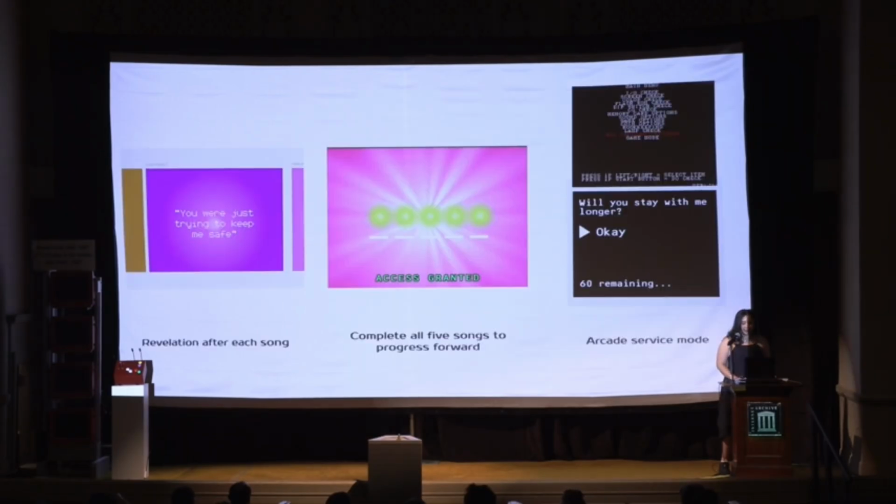In terms of the structure and how to progress, you get a therapy revelation after each song you complete, acknowledging the coping mechanism and what it's trying to do. When you complete all 5 songs, you can access an arcade service mode menu, the underlying game settings that go underneath the overlying UI.